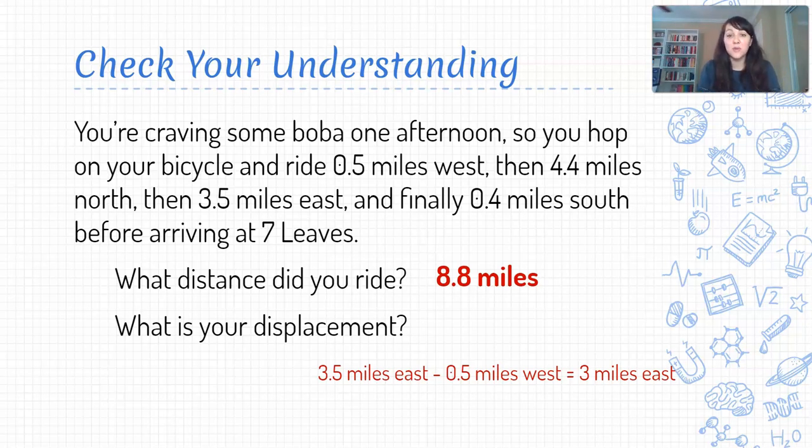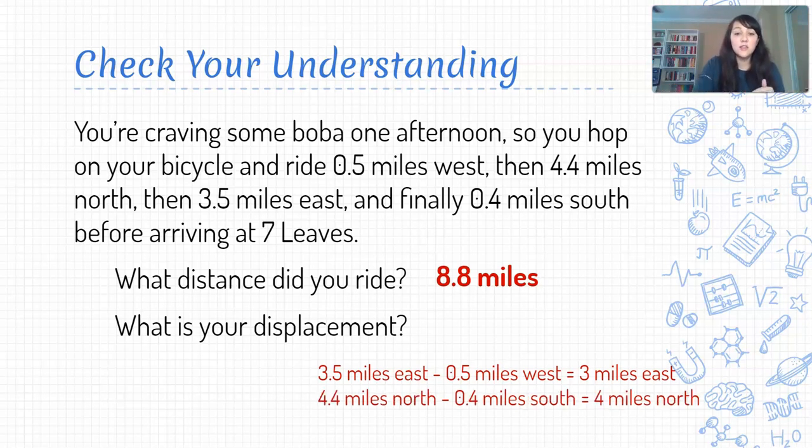I'm allowed to do that. All right, so 3.5 miles to the east minus the 0.5 miles west that I covered previously gives me an overall east-west displacement of 3 miles to the east. And then in the north-south direction, I went 4.4 miles to the north, backtracked 0.4 miles down south, which gives me an overall north-south displacement of 4 miles to the north.